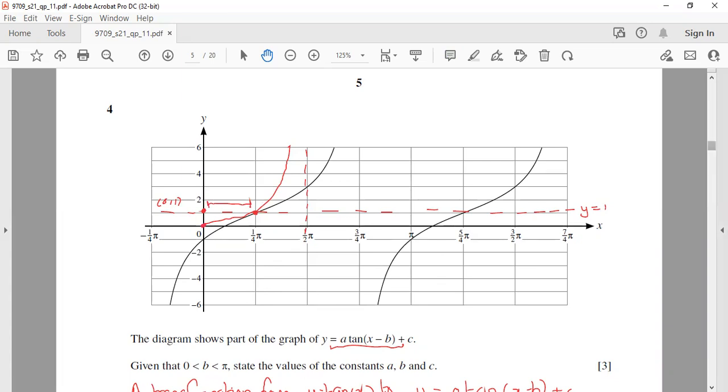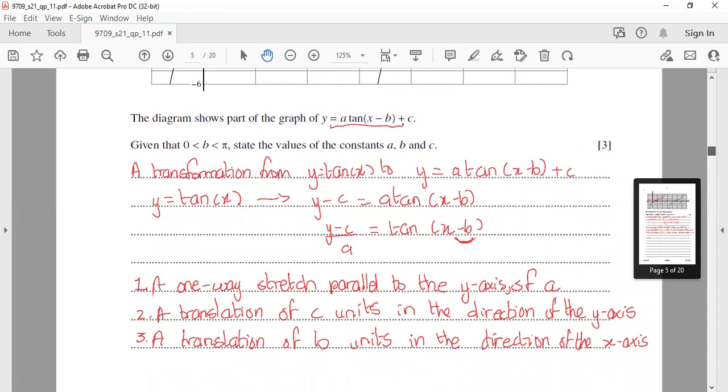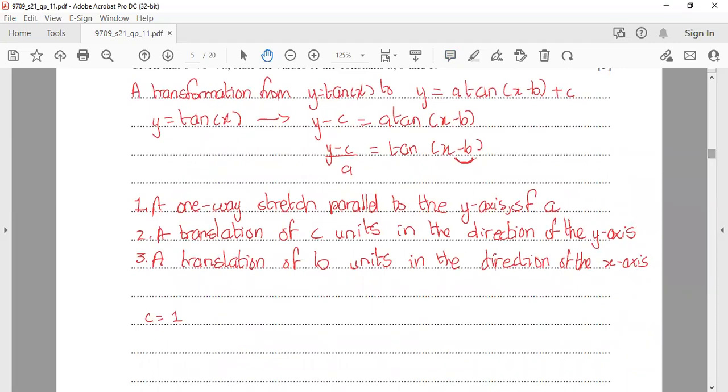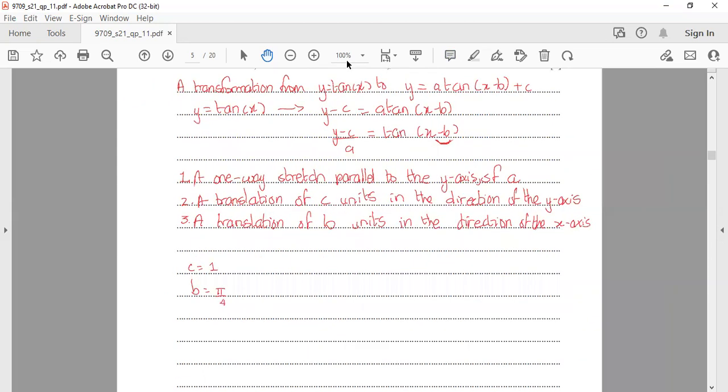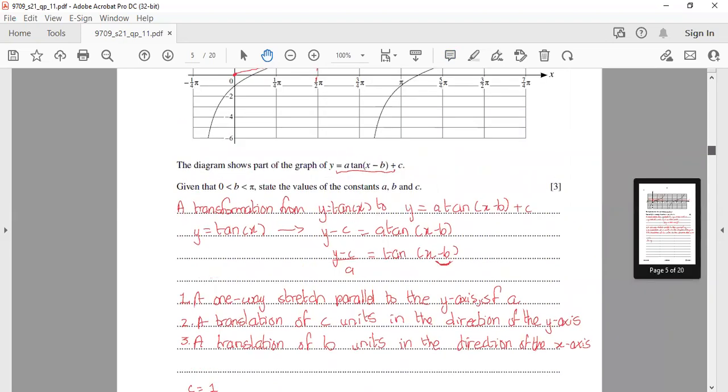So, b is equal to 1/4 pi by 4. All right. So we found the value of b, we found the value of c.